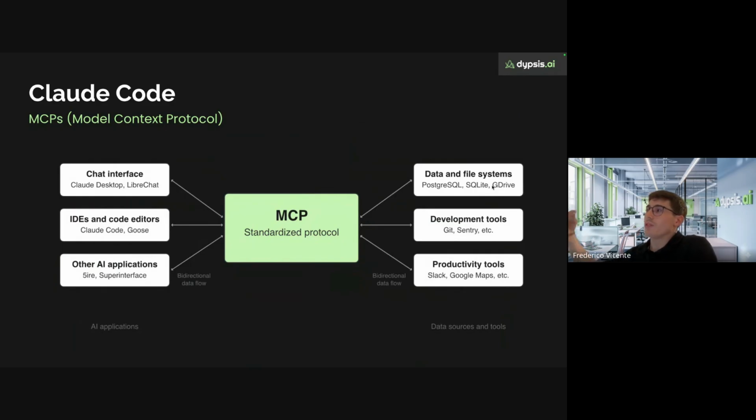And then these providers, for instance, Google Drive or Slack or GitHub, create a server to provide some tooling which LLMs know how to handle much better. So because of MCPs, it's now much easier to integrate with external services.